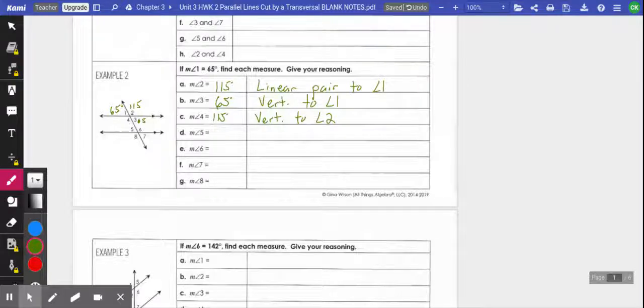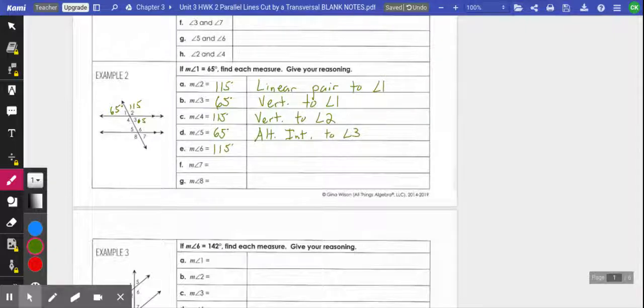All right, how about letter D, angle 5? Well, I could say angle 5 is 65 degrees. Why? Because it's alternate interior to angle 3. And angle 6, I can say, is 115. And again, I can have many reasonings.